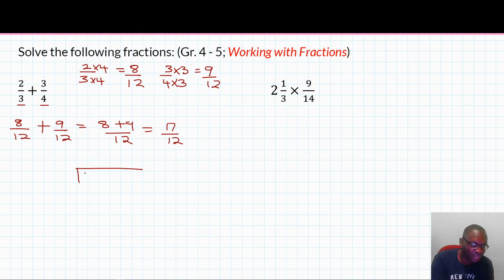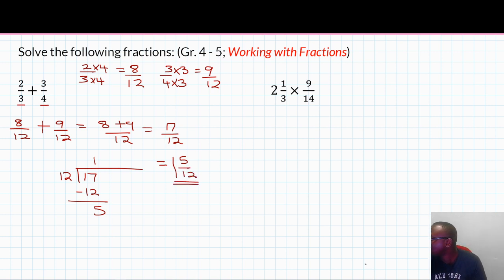Whenever you have a fraction, the numerator goes inside and the denominator comes outside. So 17 divided by 12, we have just one group of 12 in 17. 1 multiplied by 12, we have 12. We subtract, we're left with 5. So 17 divided by 12 is one group of 12 with a remainder of 5, and we're dividing by 12. So that is that.